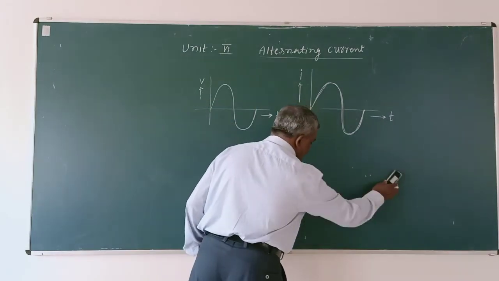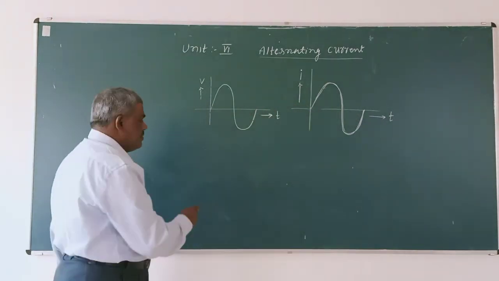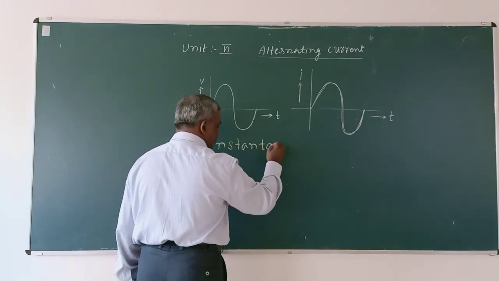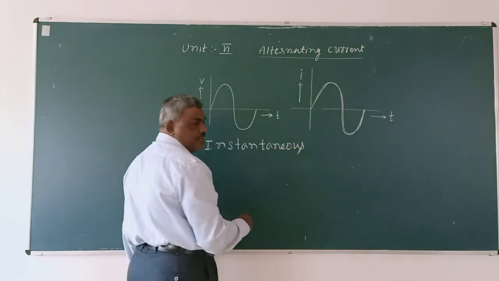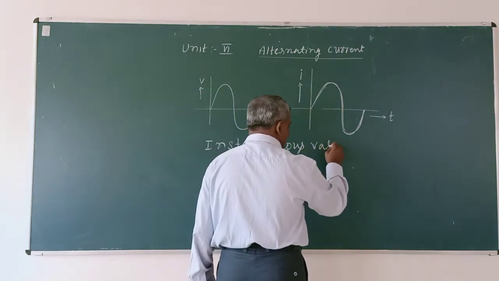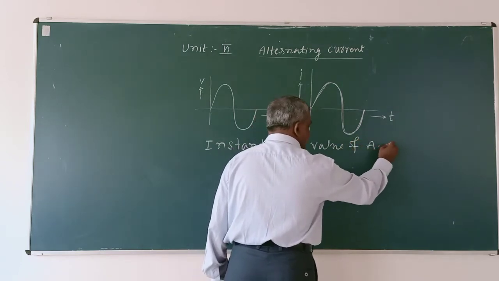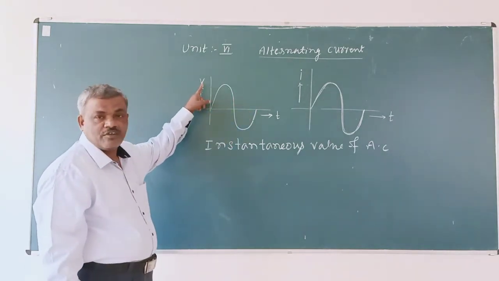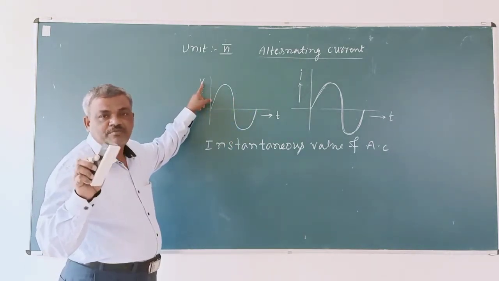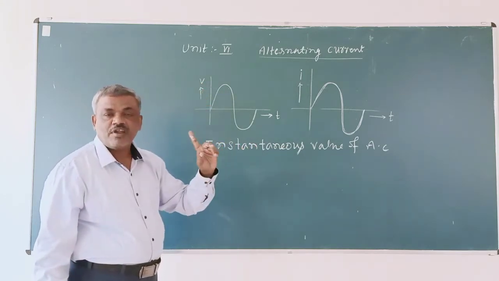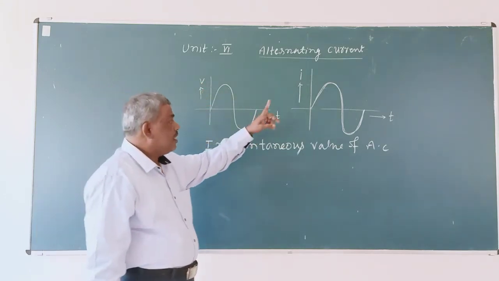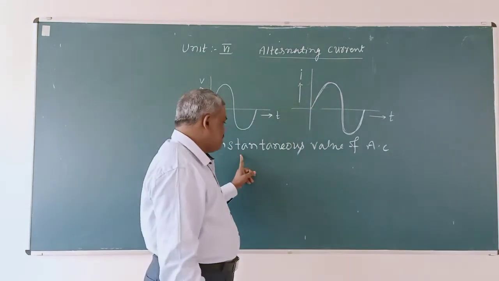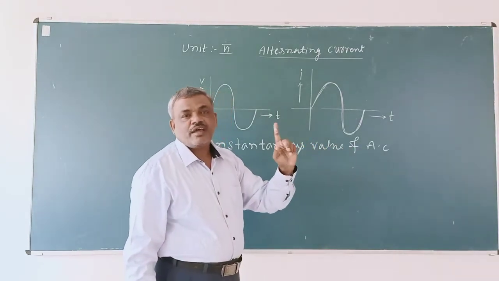What is the instantaneous value of AC? The value of alternating voltage at any instant of time is called the instantaneous value of alternating voltage. The value of alternating current at any instant of time is called the instantaneous value of alternating current.